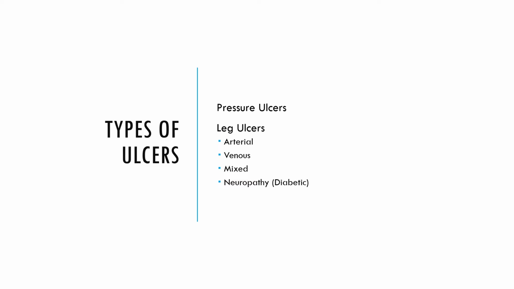Next is the venous. These are leg ulcers caused by a problem with blood flow in the leg veins. Normally, when you get a cut or scrape, your body's healing process starts working and it closes the wound. But ulcers may not heal without proper treatment.